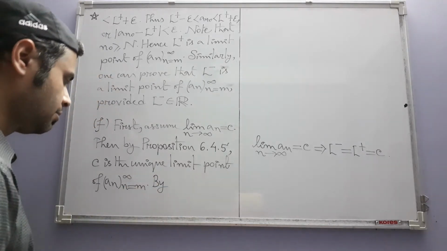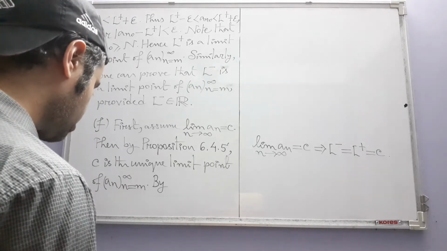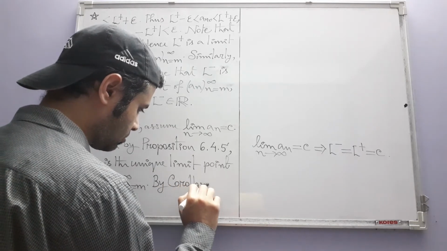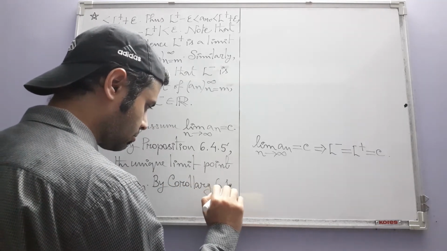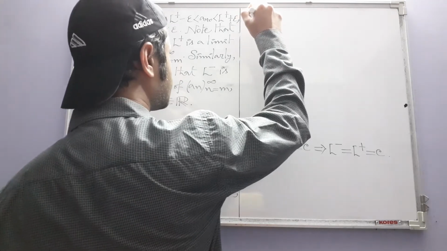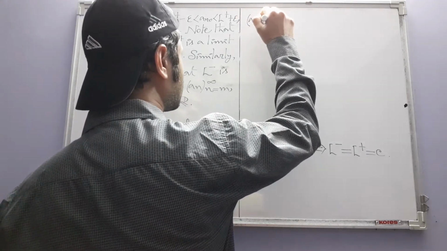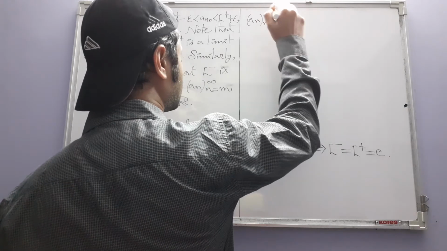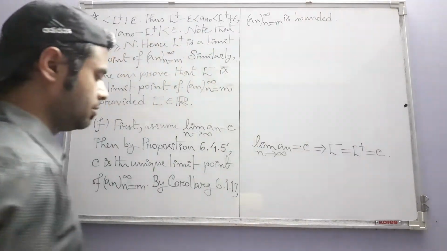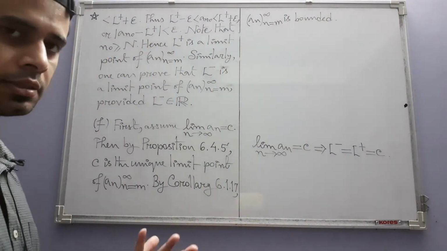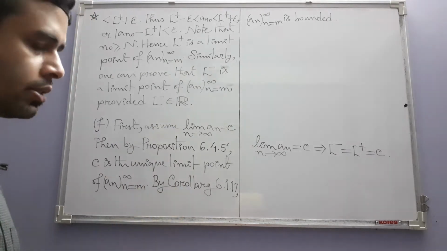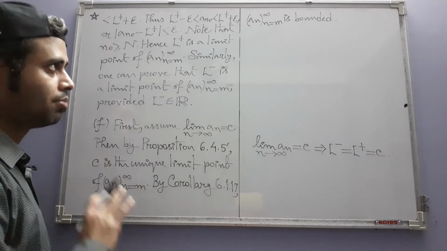On the other hand, by corollary 6117, the sequence is bounded. Corollary 6117 says just that every convergent sequence of real numbers is bounded. That was corollary 6117. So this is bounded means what?